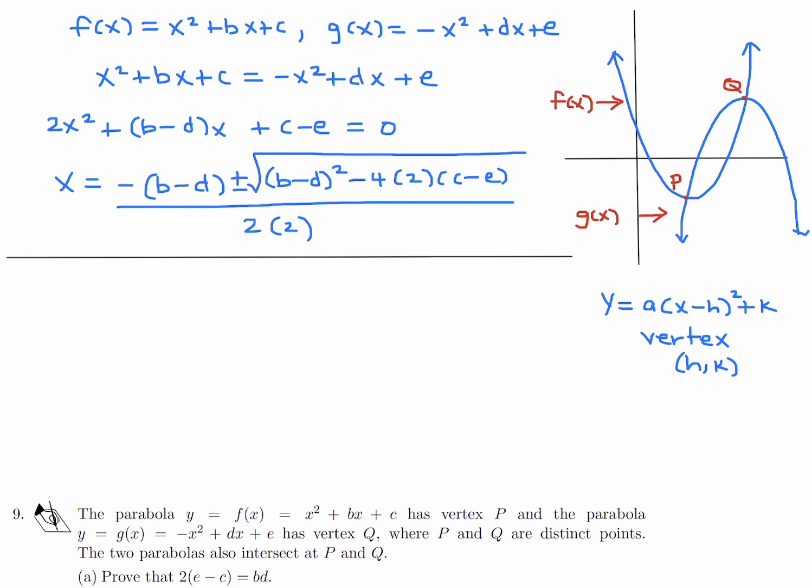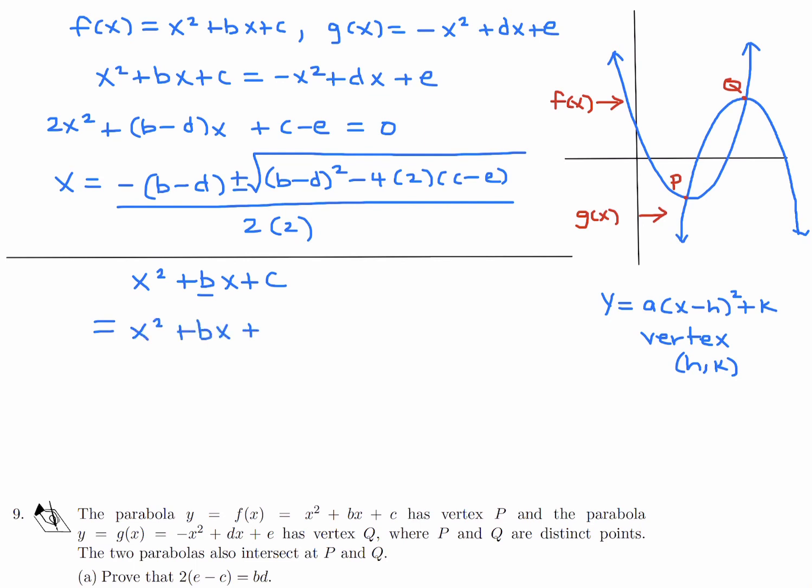And how do you do that? Well, you do that by completing the square. And I'm sure you're familiar with the completion of the square. x squared plus bx plus c, complete the square. How do you do that? You take half of this coefficient and you square it. So we got x squared plus bx.